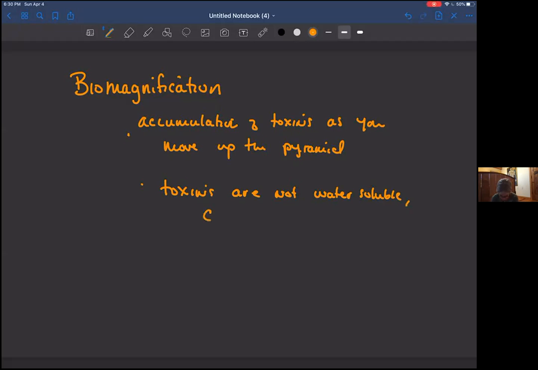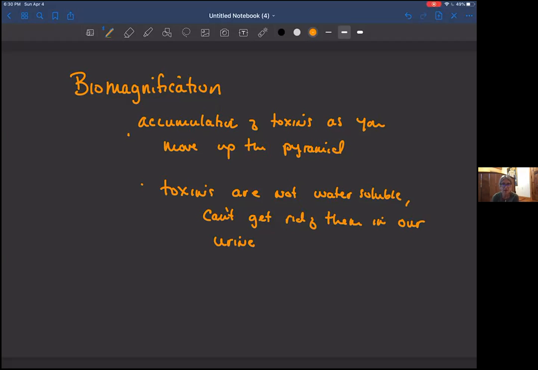So we can't get rid of them. Say, for example, in our urine, we are unable to urinate them out. And the liver cannot break them down. And so they tend to accumulate, and they tend to accumulate in fats, and they can cause problems in organisms.